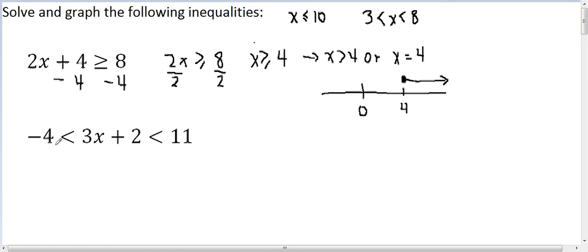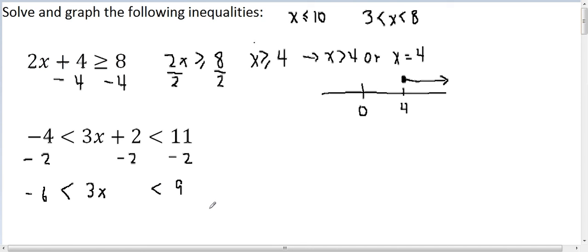Next, we want to solve the combined inequality minus 4 is less than 3x plus 2 is less than 11. First, let's subtract 2 from all parts of the inequality. We get minus 6 is less than 3x is less than 9.